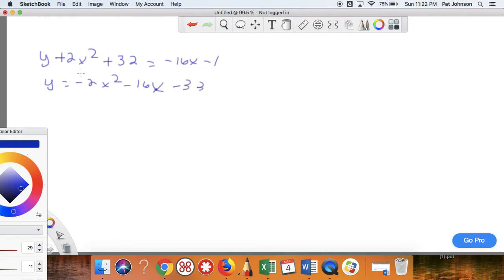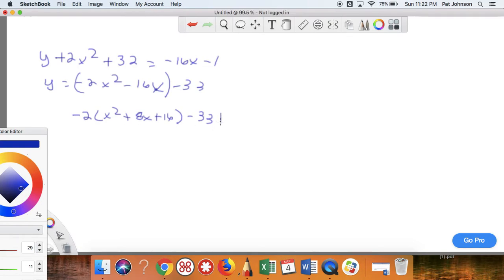So I've got to complete the square, so I'm going to group first. Factor out a -2: x squared plus 8x minus 33. So now I have b. 8 divided by 2 is 4, squared is 16. However, 16 times -2 is -32.